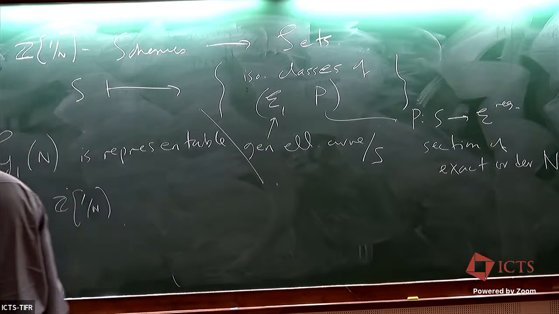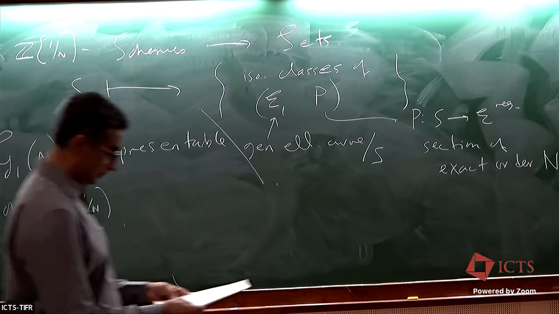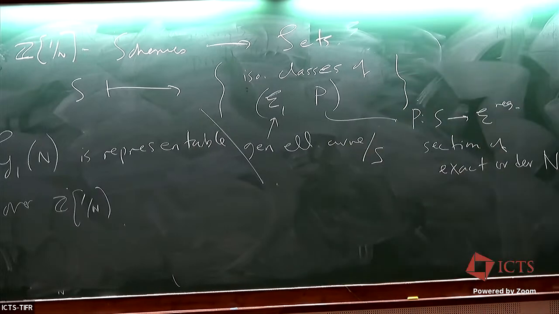It's smooth, and has a bunch of other properties, which I won't get into. So this moduli problem is now representable, and again the scheme is defined over Z[1/n] and not Z, and there will be a variant defined over Z.